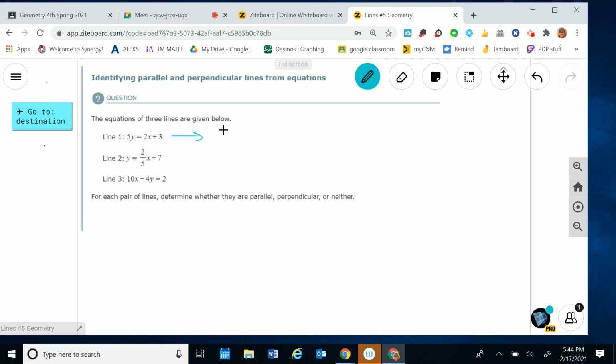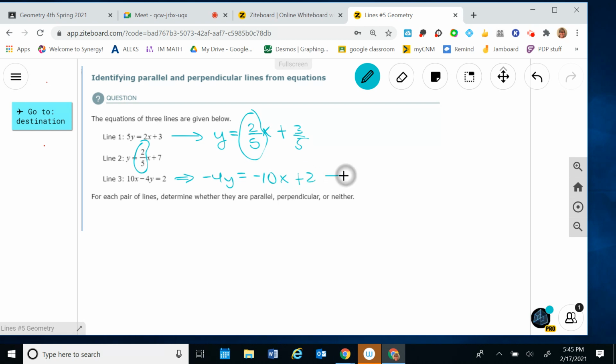Divide everything by 5 to solve for y, and you'll get y is equal to 2/5 x plus, who cares? All we care about is the slope. There's a 2/5 slope right there, and this one we have to solve, okay? So we're going to move the x over, and we'll get negative 4y equals negative 10x plus 2.